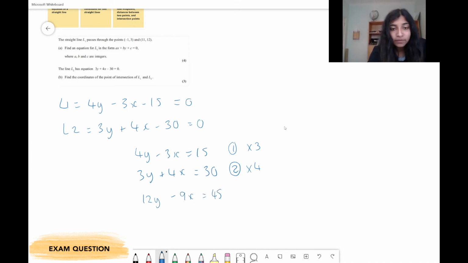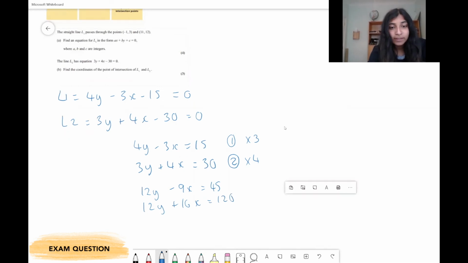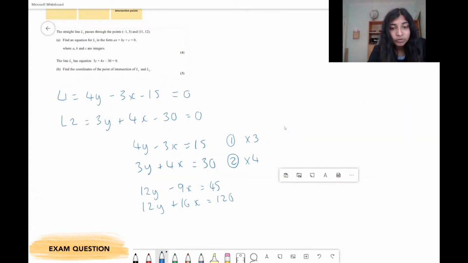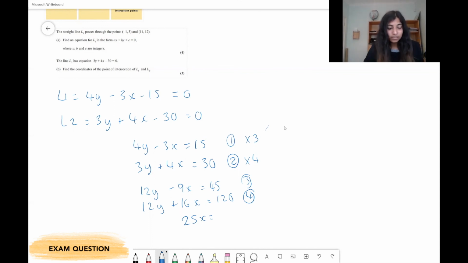Then you would also have 12y plus 16x is equal to 120. Then if we label these 3 and 4, and subtract 3 from 4, that would get rid of y. We get 16x minus -9, so that's just 25x, and 120 minus 45 gives us 75.